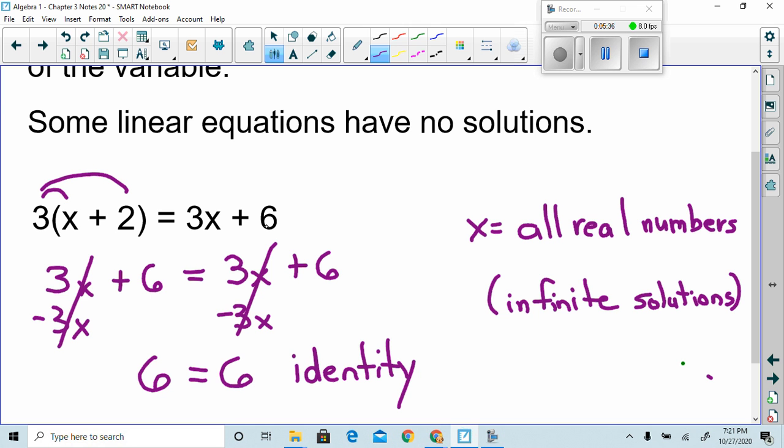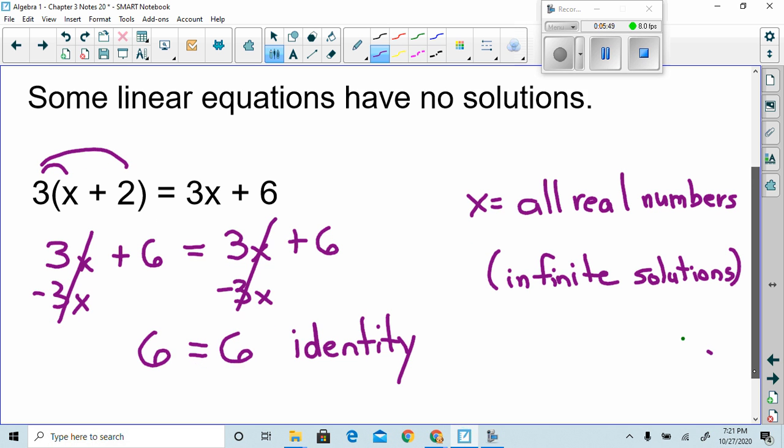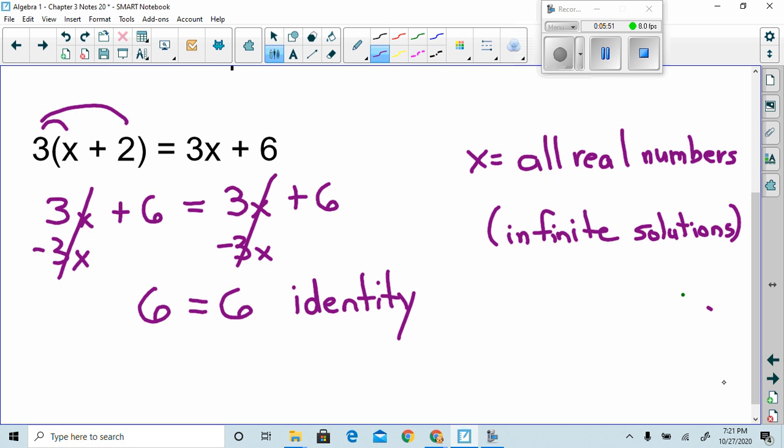I could pick 5. 5 plus 2 is 7, and 7 times 3 is 21. 5 times 3 is 15, and 15 plus 6 is also 21. Any value of x will make that a true statement. So when we get an identity, then we're going to see that we can have all real numbers.